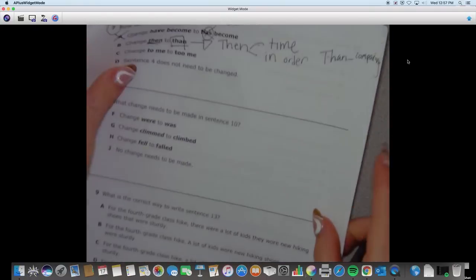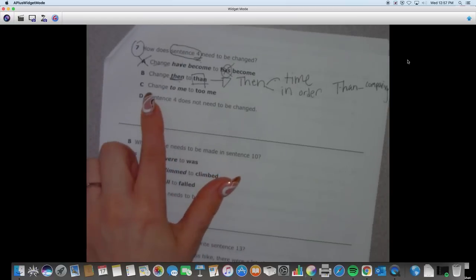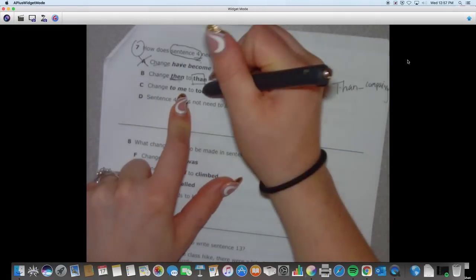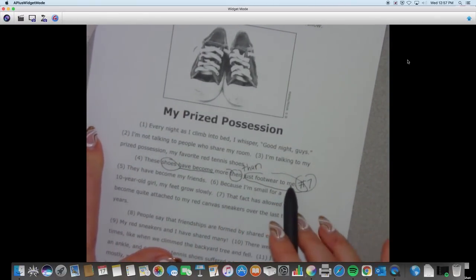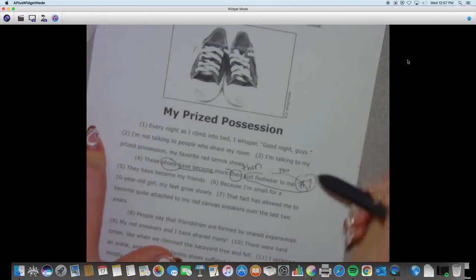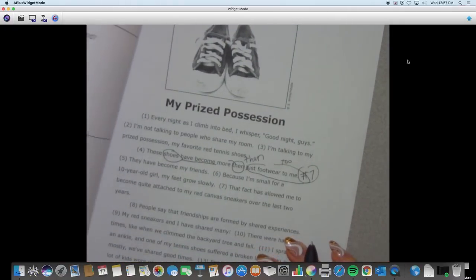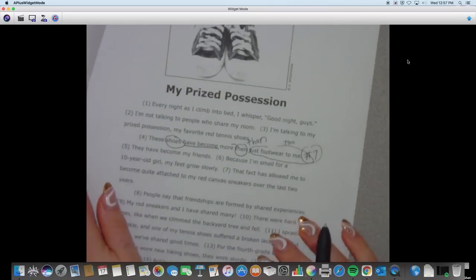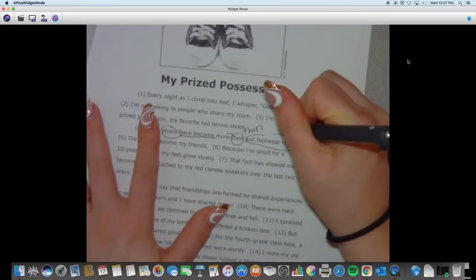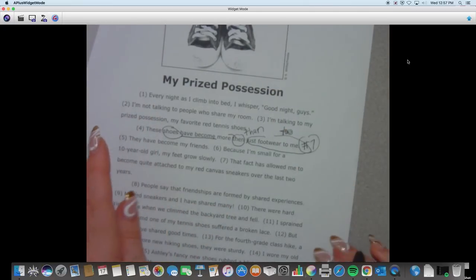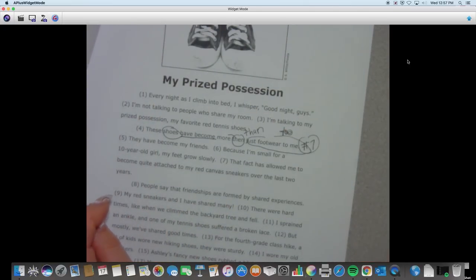Let's keep going though. We've got to look at the rest of the answer choices. C, change to me to TOO me. So these shoes have become more than just footwear to me. This is not going to be a change that makes the sentence better. When you're talking about TOO, it's usually when you're talking about like, I had too much of something.